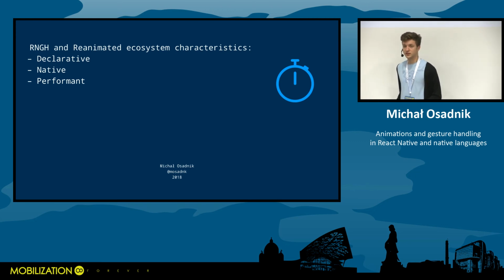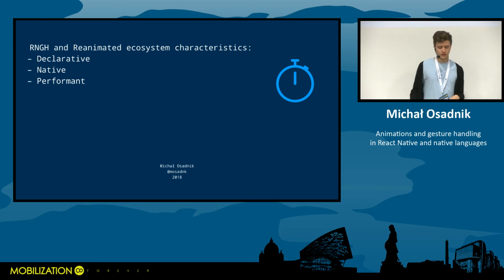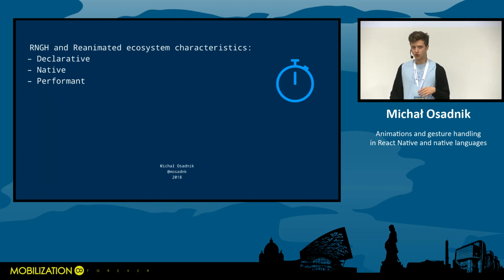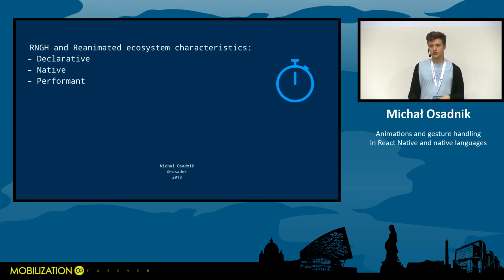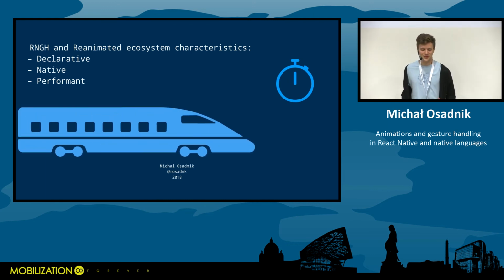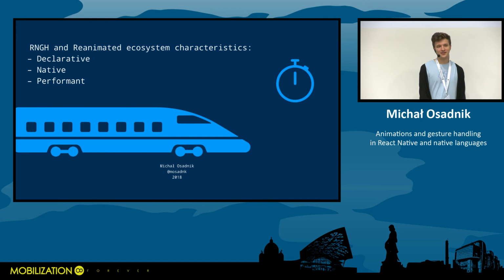The next thing is that it is native, because all these operations are only declared in JavaScript. We only define the behavior, but the evaluation is done on the native side. Because of that, it's very performant, and it's still done at 60 frames per second.